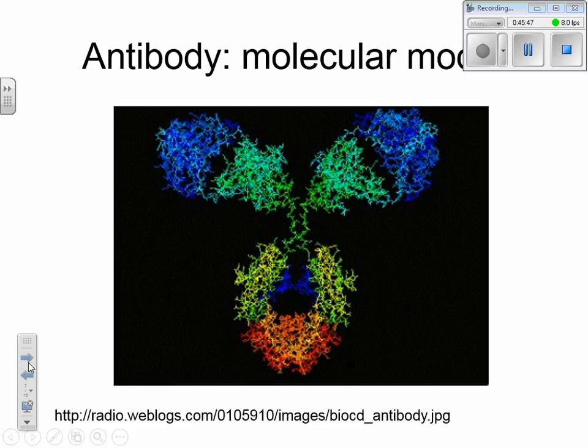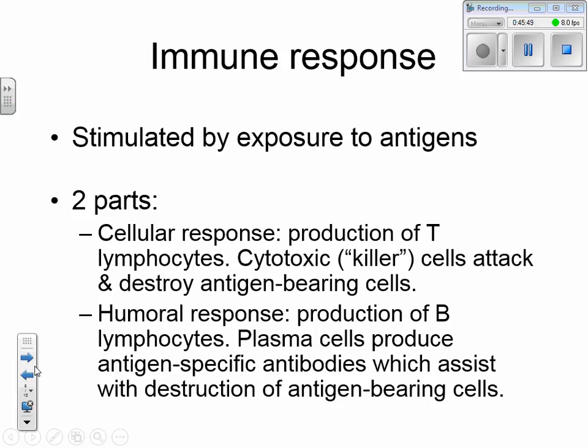Now, moving on then to the actual immune response, we've got two parts to this. Triggered by antigens, that's the whole point, generation of antibodies, so the antigens are the trigger for it. And then we have these two parts to it. They do get very complex in detail, but we're just going to do an overview of what goes on here.